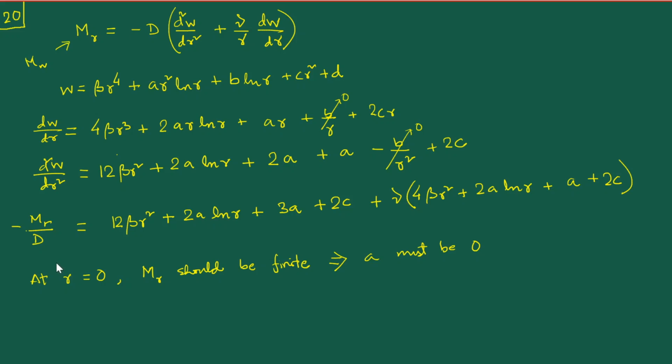So a must be 0. So we have a situation which is considerably simplified. W here now, we don't have to deal with this b term, we don't have to deal with this a term. So therefore our W is beta r to the power 4 plus c r square plus d.